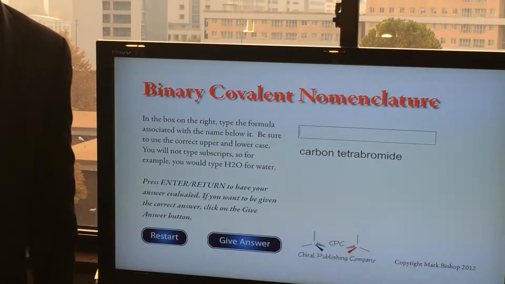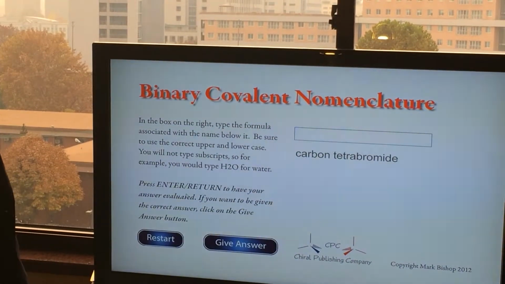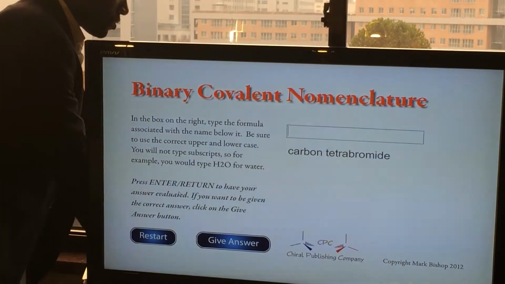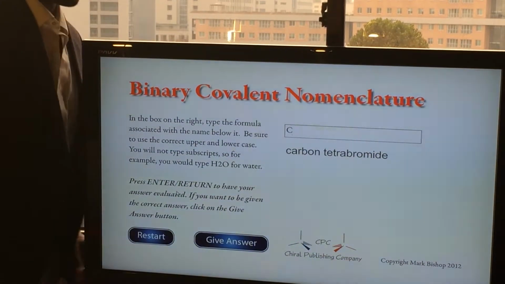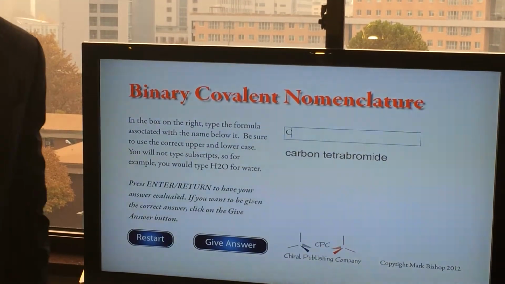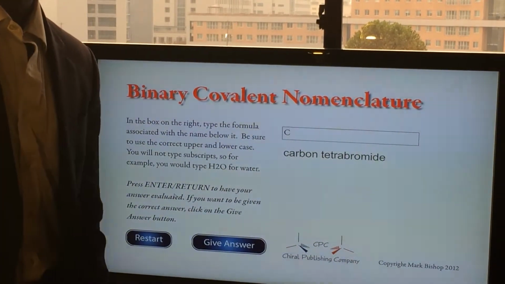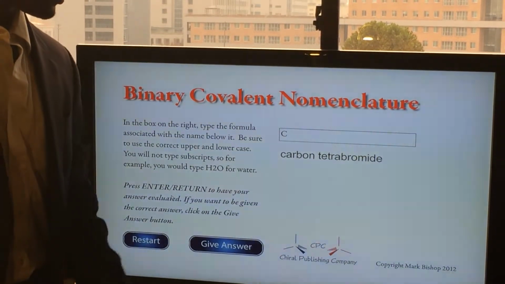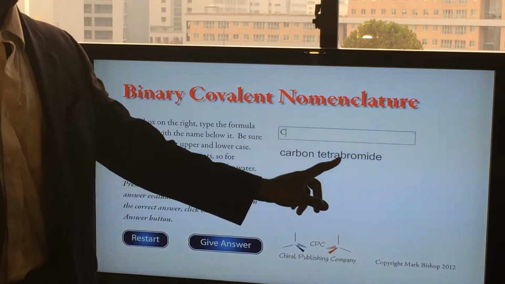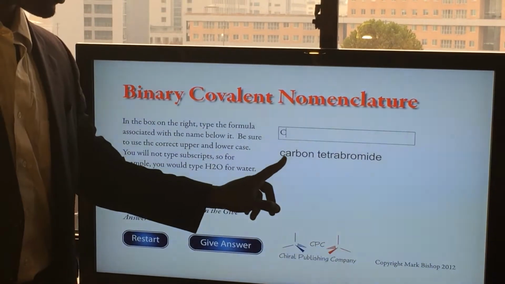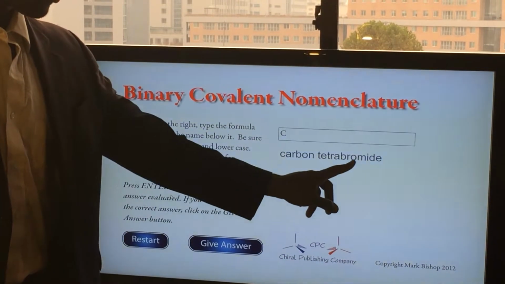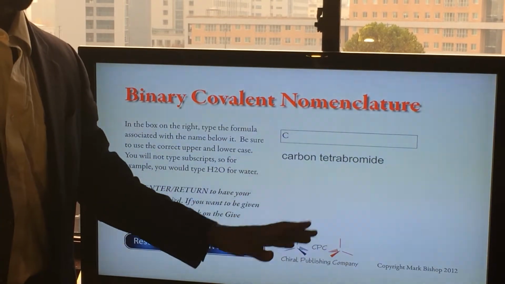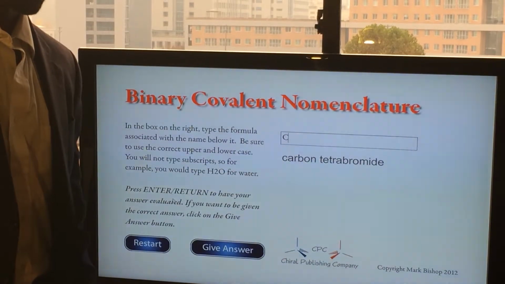Let's look at a second example. So in this case, we have carbon tetrabromide. Carbon is in group 4, and it can form a +4 or a -4 ion. Since in this case we have 4 bromide, although this is non-metal, this will be forming a covalent compound with the tetrabromide.